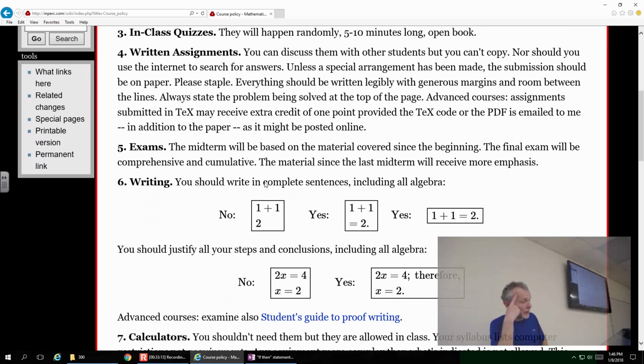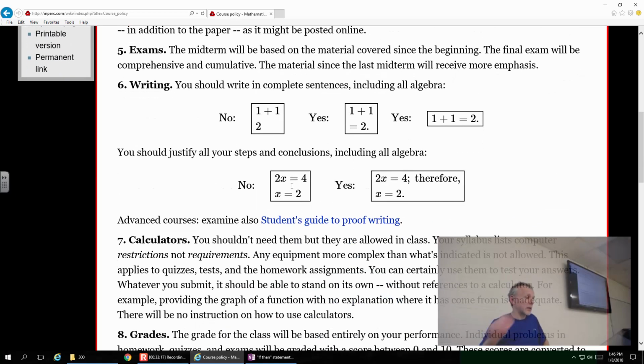This is what I meant, number 6, writing: the computations have to have an equal sign in them. Unfortunately I have seen too many times when the equal sign is omitted and the computations go as 1 plus 1, 2. That's a mistake that we are sort of past already because we're not going to be doing a lot of computation, we're going to be doing proof.